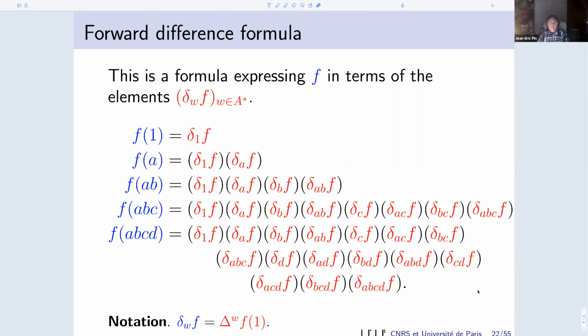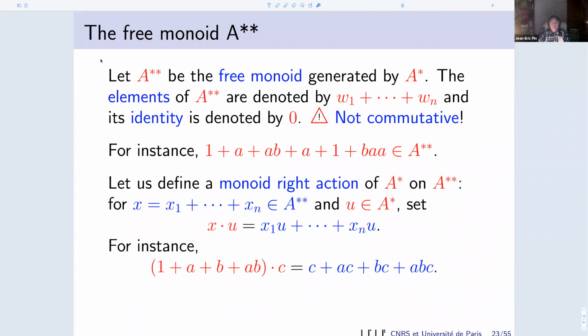Okay. So in order to obtain this formula in some formal way, I introduce some new notation. So it's getting a little bit more involved. I consider A star star, which is a free monoid over the alphabet A star. So now the letters are words.